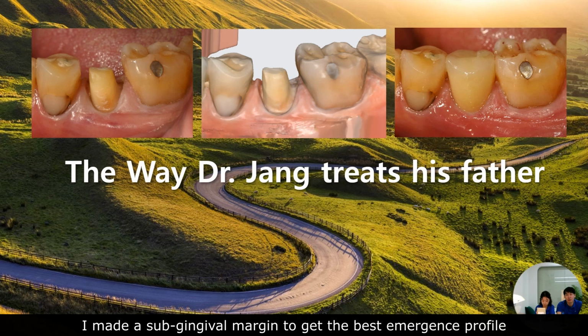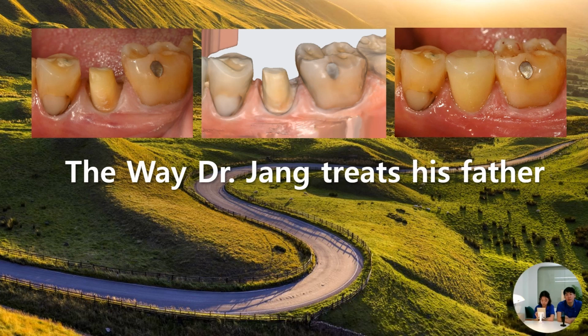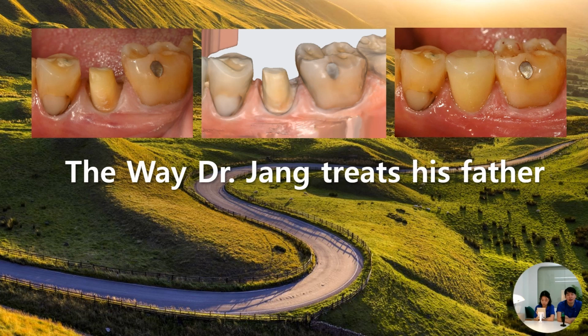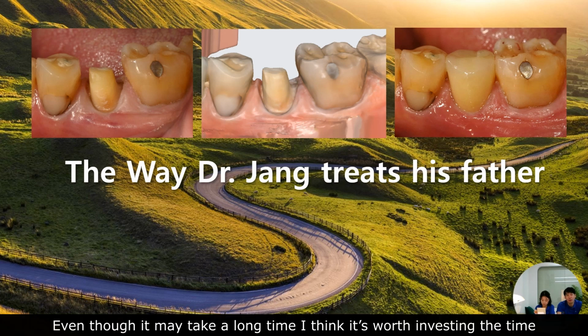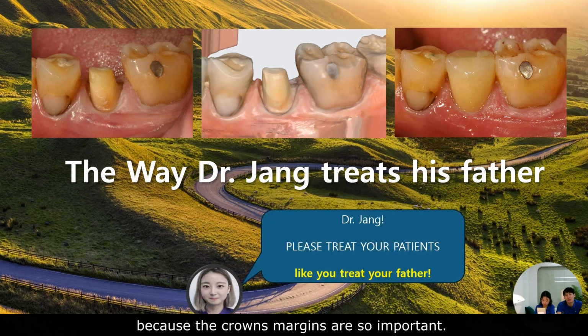I made the subgingival margin to get the best emergence profile for this mandibular premolar tooth. To accurately obtain data of the subgingival margin, I had to move the scanner very carefully and then repeat the process several times. Even though it may take a long time, I think it's worth investing the time because the crown margins are so important.